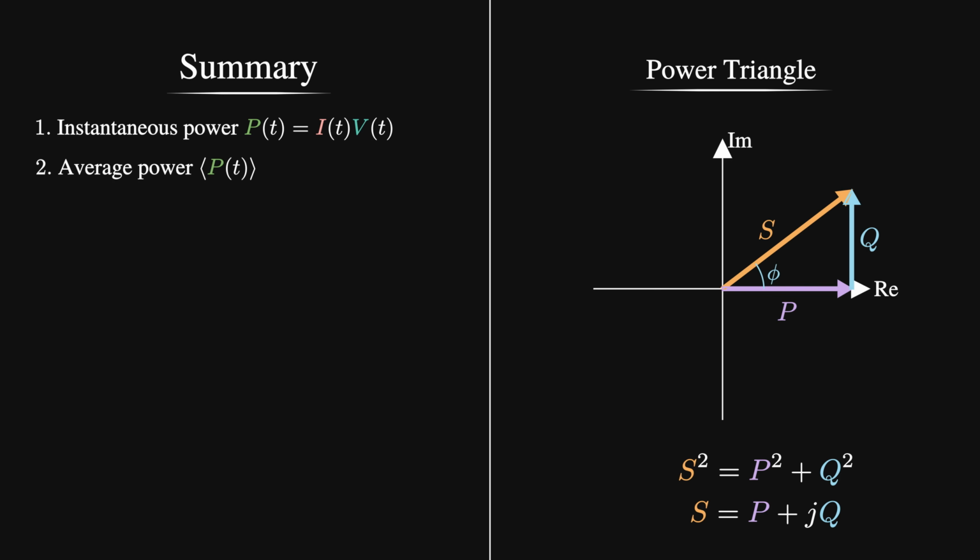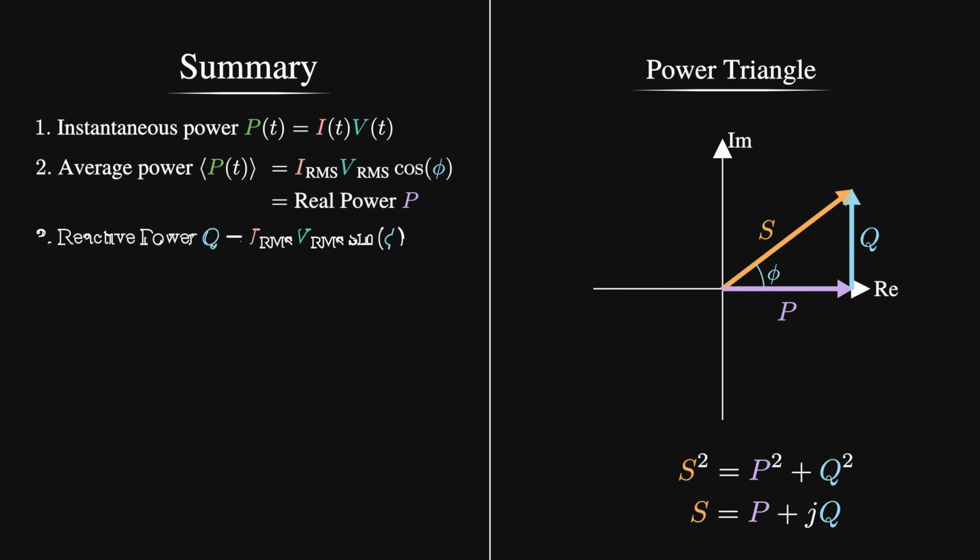For any steady-state AC circuit, this turns out to be Vrms Irms cos phi. We call this the real power because it represents the energy that is permanently dissipated by the circuit. To represent the power that is not lost, i.e., that which flows in and out of capacitors and inductors, we use reactive power, equal to Vrms Irms sin phi.